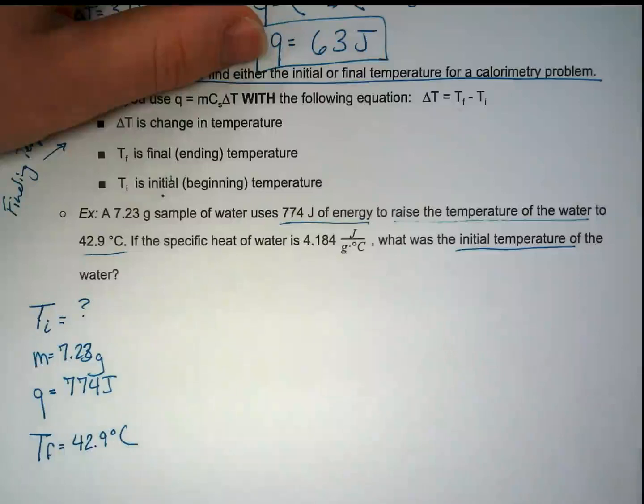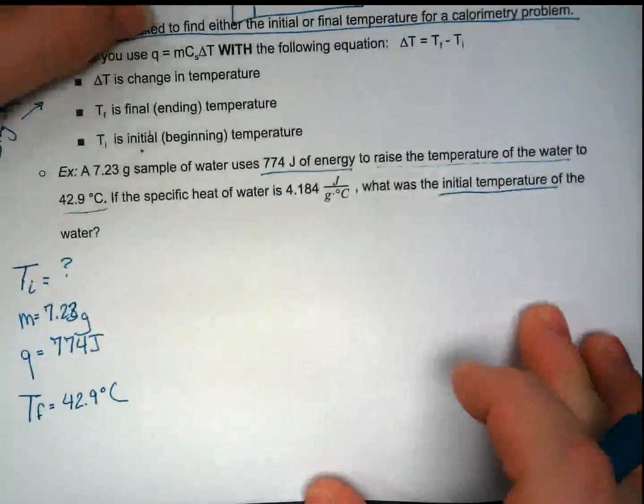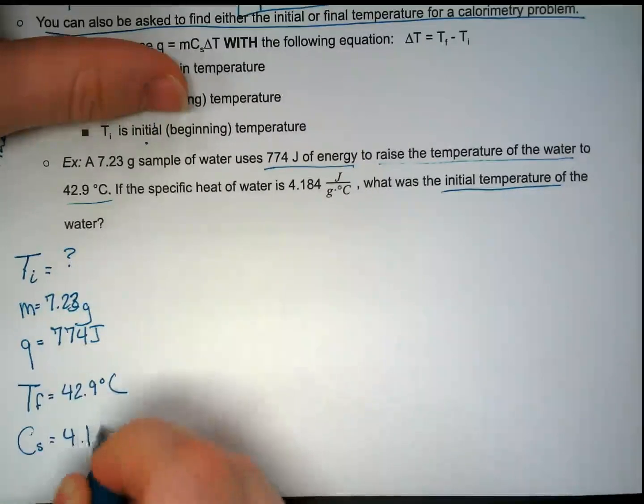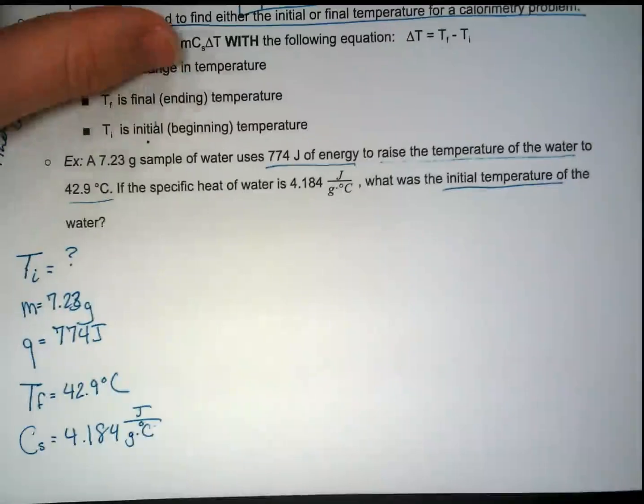And then of course the specific heat of water, which you will get sick of looking at because it's going to be everywhere: 4.184 joules per 1 gram by 1 degree Celsius.